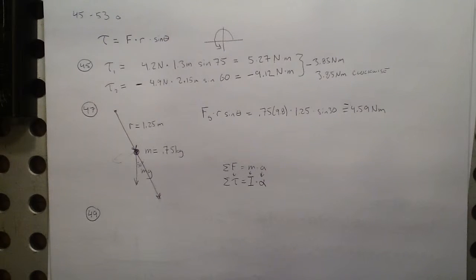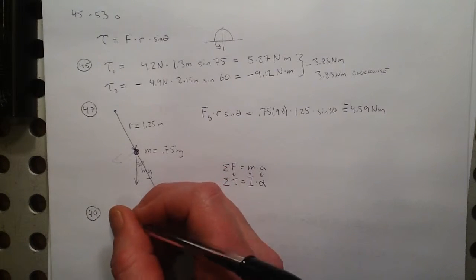All right, so 49. During the launch from a board, a diver's angular speed about her center of mass changes from 0 to 6.2 radians per second in 220 milliseconds. So that sounds like kinematics, doesn't it?